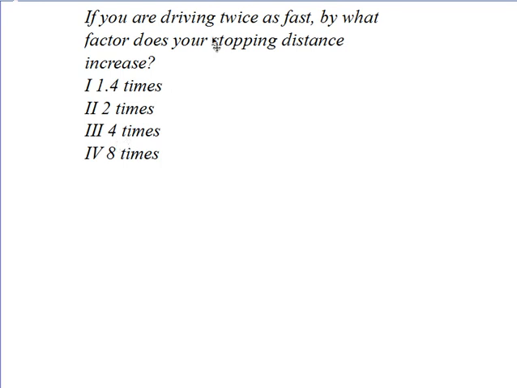So we are stopping. That is a negative acceleration and negative change in your velocity, and we need to define acceleration. It is defined as the rate of change in velocity. But velocity is itself the rate of change in position.